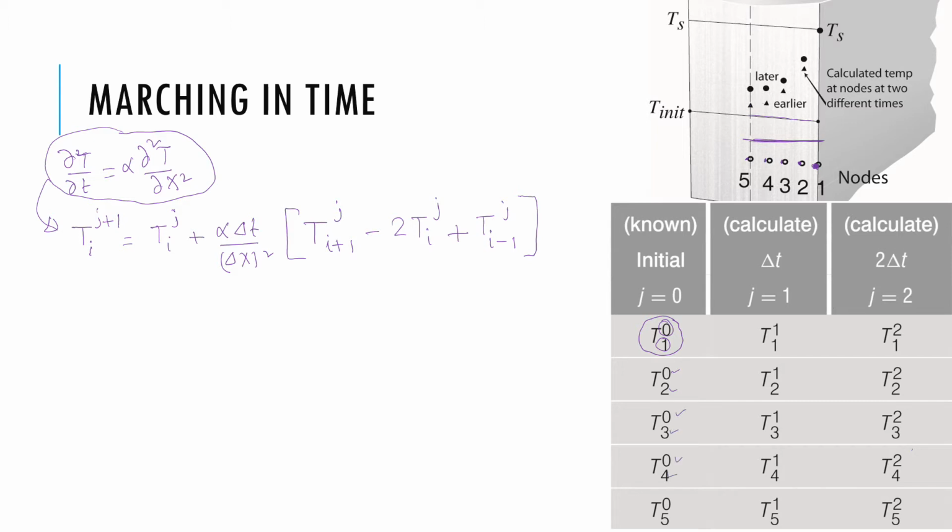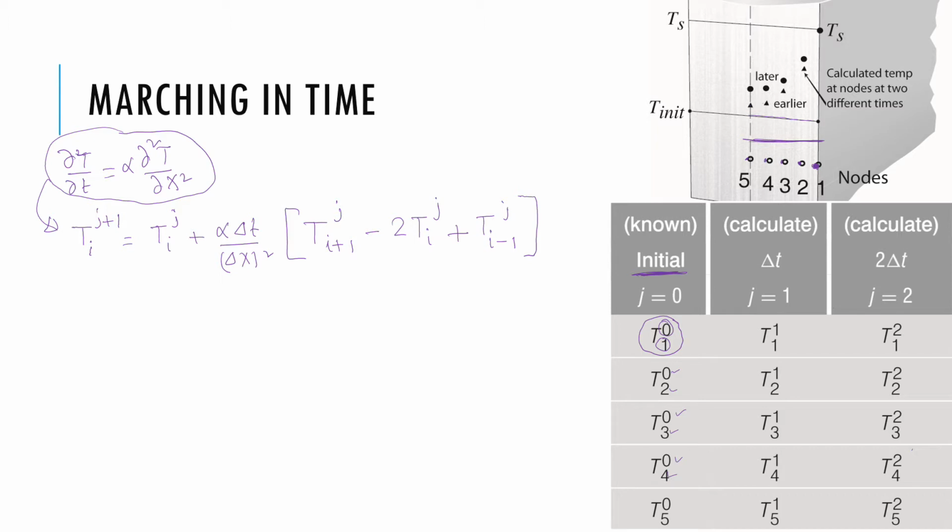So those really are, time 0 is my initial condition. We cannot do this problem, we cannot calculate temperature at the next time if we don't know where we are starting from. So these are my initial temperatures.